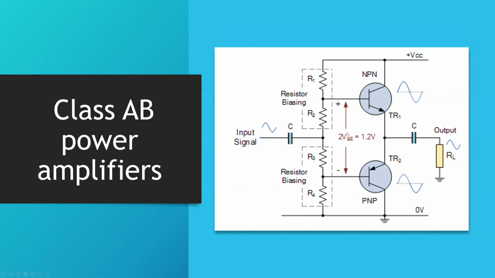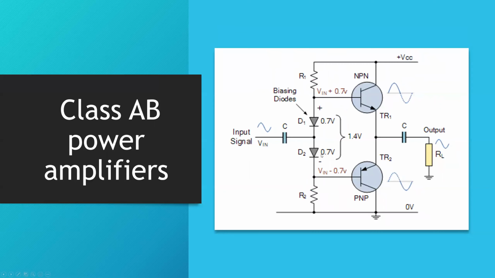Now, a way to fix this is by replacing these resistors with diodes, as we can see here. These diodes will act the same as the resistors. They will be used to bias the voltage, since the voltage drop on the diode is about 0.7 volts.